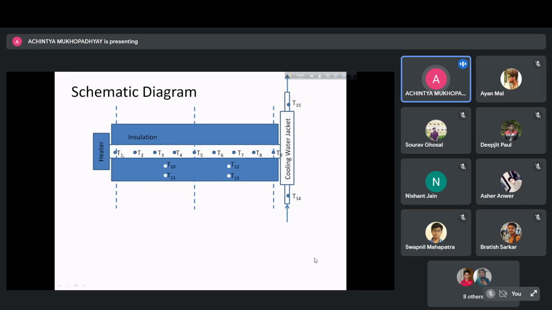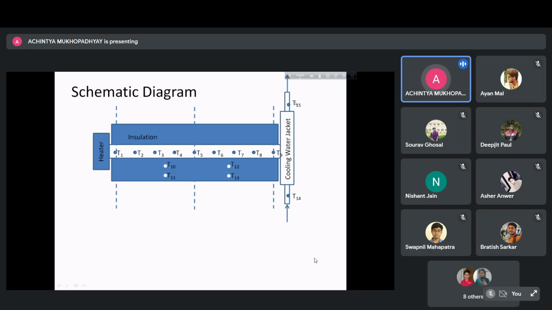So basically, in this experiment, the measurements that you will use in calculations are mostly temperature measurements. 9 temperatures along the length of the rod, 4 in the insulation, which makes it 13, plus 2 temperatures measuring the inlet and exit temperature of the cooling water.